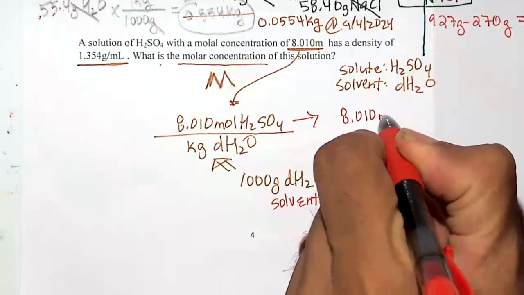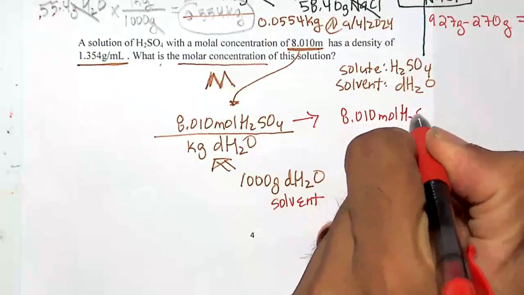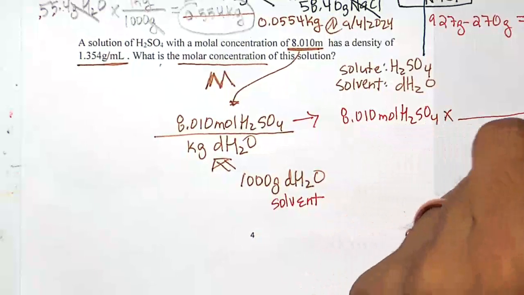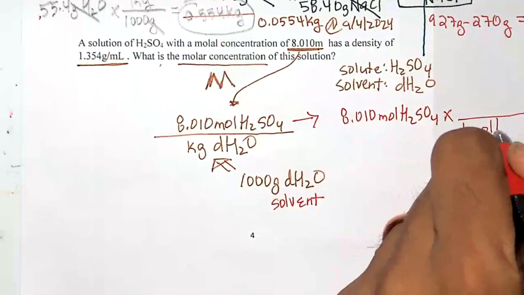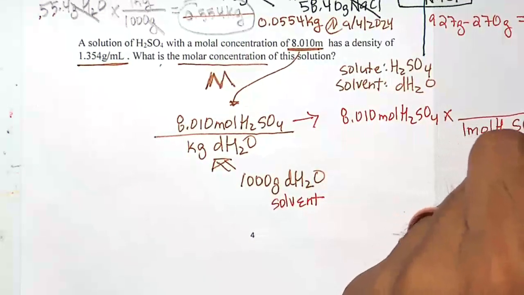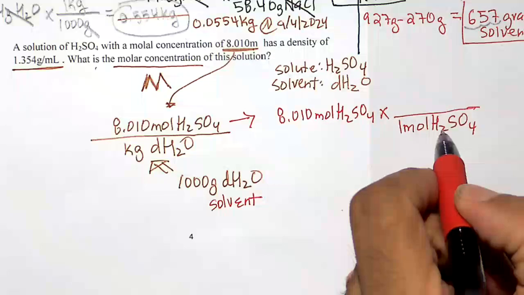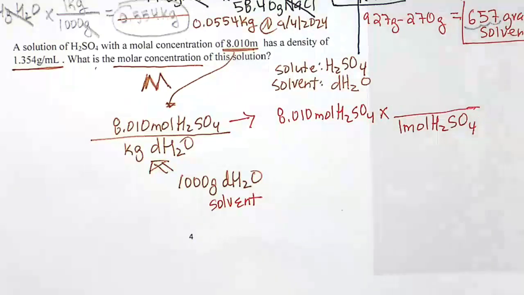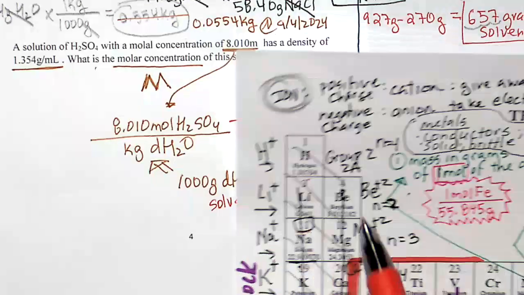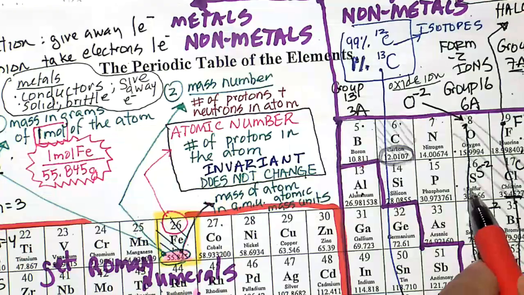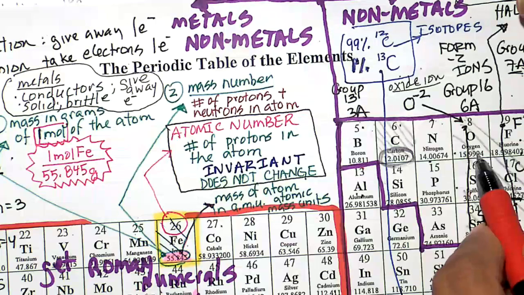So 8.010 moles of H2SO4 times 1 mole of H2SO4. Okay, I've already calculated the mass of this. You just add the numbers, right? 2 times the hydrogen, 1 times the sulfur, 4 times the oxygen.